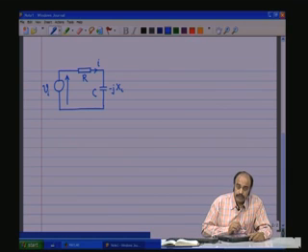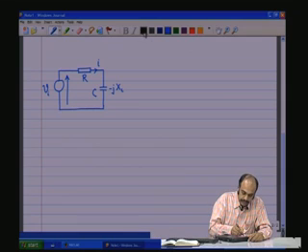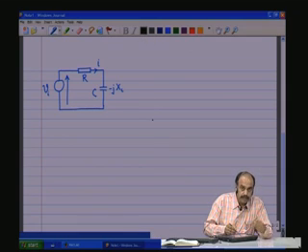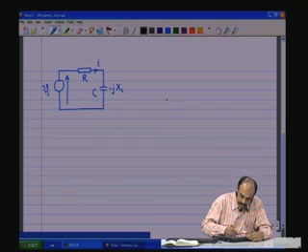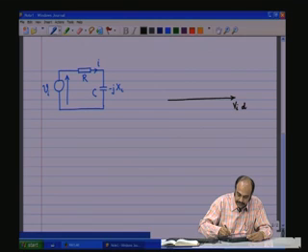Now, for this circuit we drew the phasor diagram in the last class, but remember that we chose a reference. The reference axis in the spatial coordinate system that we chose was along the VI direction.